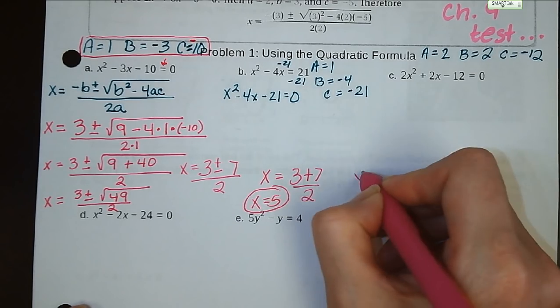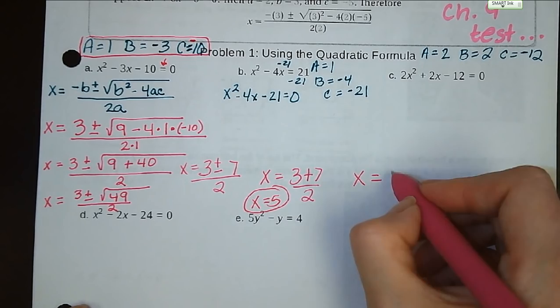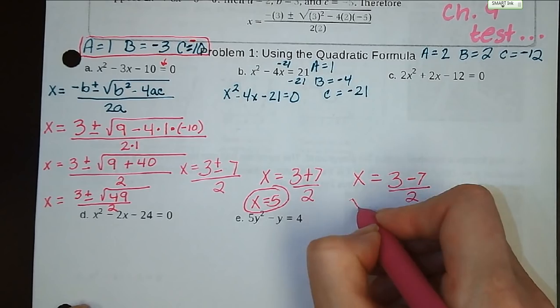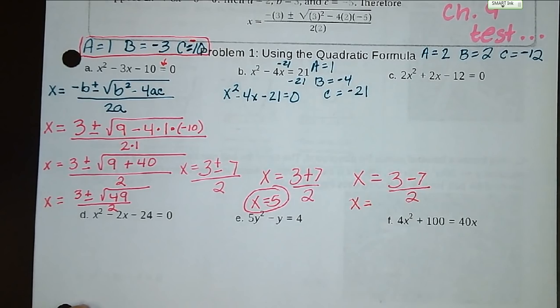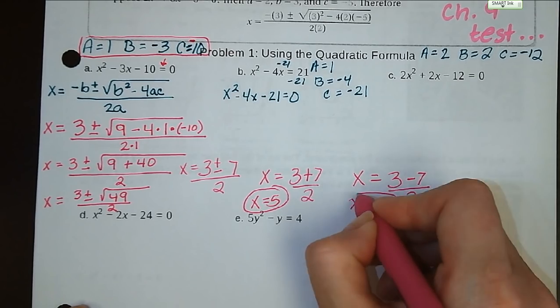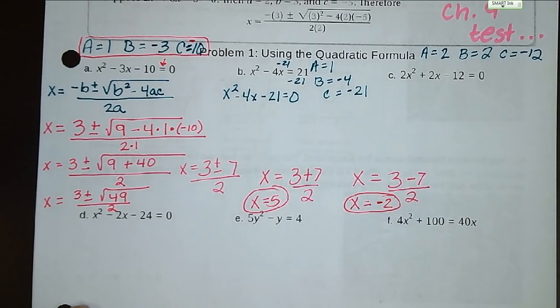Our second one, x equals 3 minus 7 over 2, which is negative 4 over 2, so x equals negative 2. You don't leave me any room to do these, Mr. Boland. Sorry.